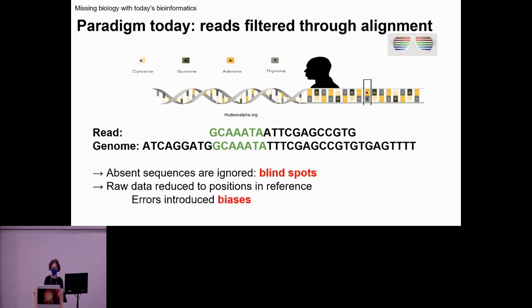So raw data is reduced to positions, which misses very important signal. In addition, it is an algorithm, so it necessarily distorts the raw data and introduces bias.